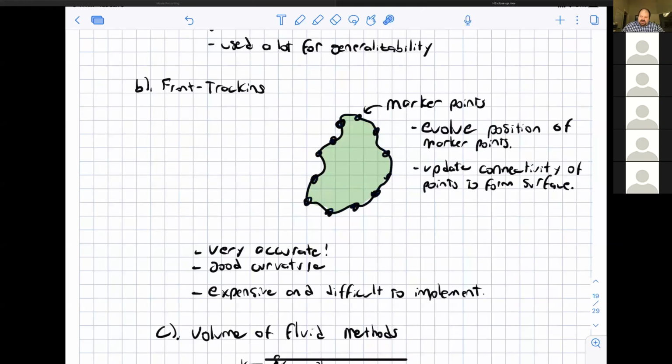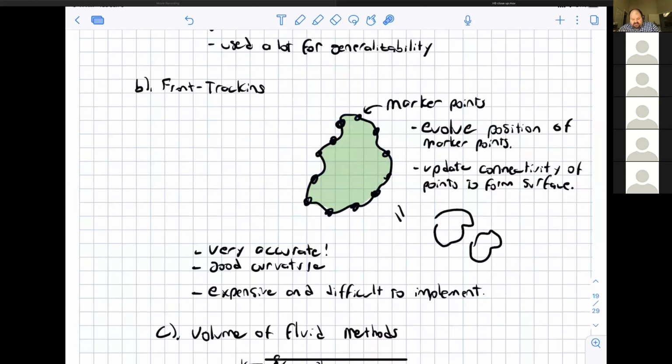What makes front tracking difficult is that you need to have a connectivity list. You need to know that this point here is connected to this point here. But what can happen is, if over time this blobby shape splits into two, you now need to dynamically adjust your algorithm so that it can sense that it's split into two, and the split is right here.